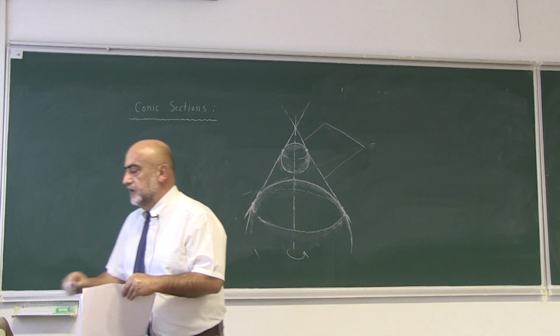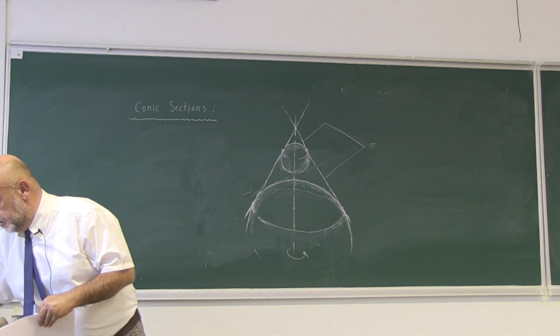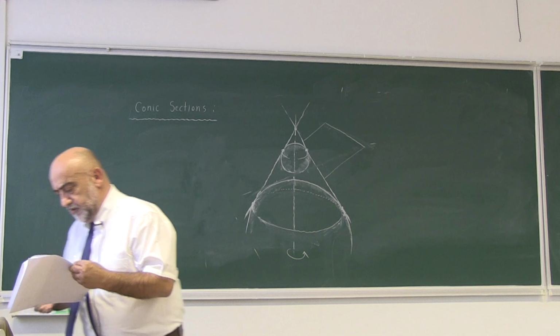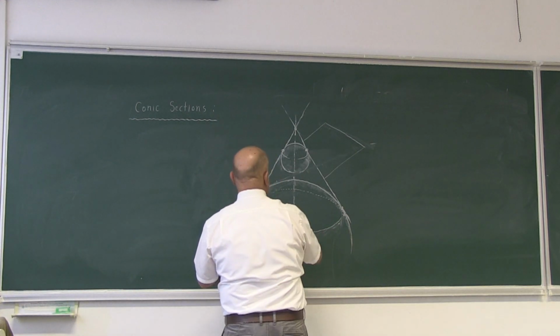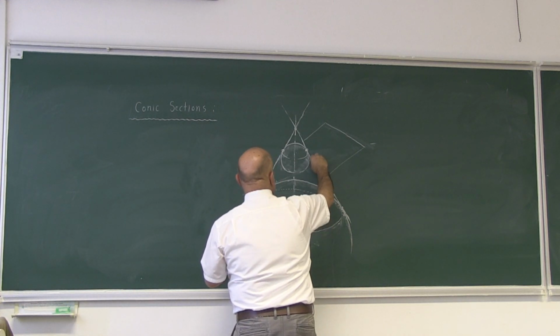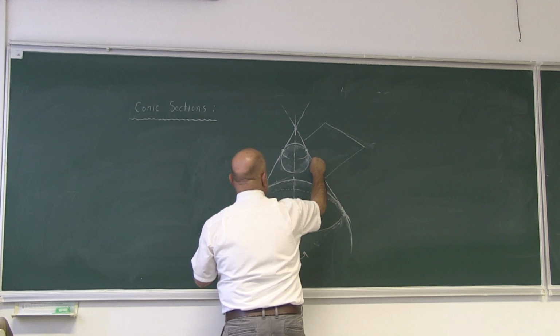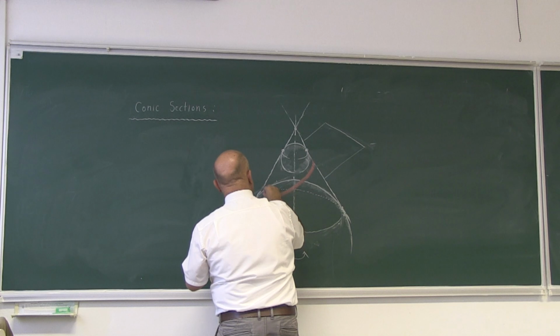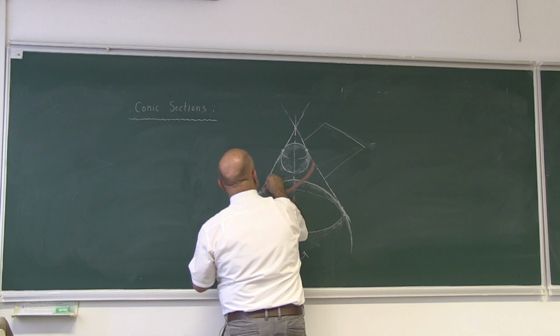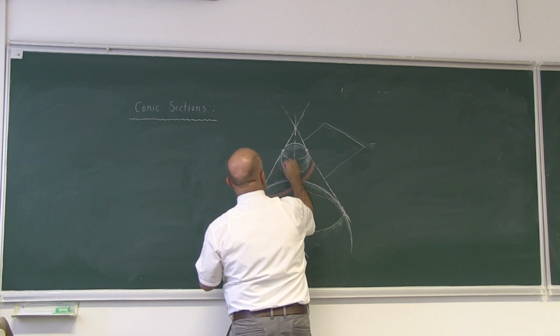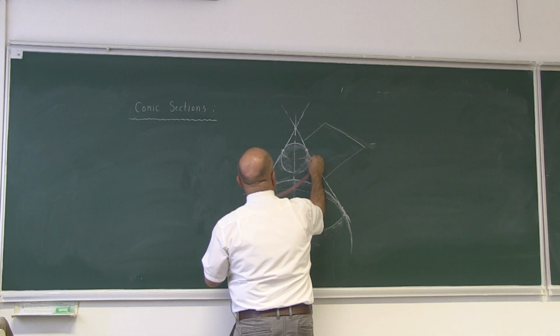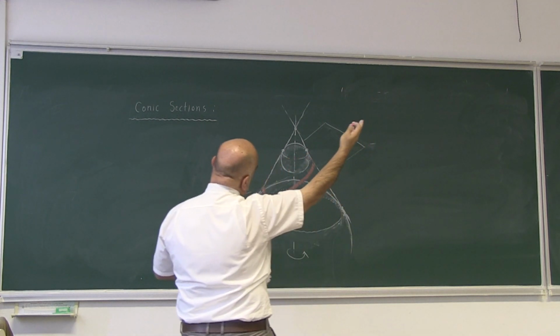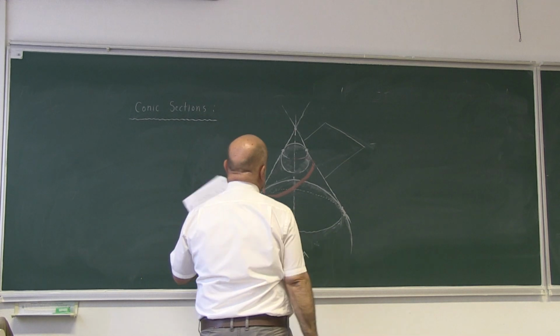So let me use a little bit of color in depicting that curve. That curve is going to be something roughly like this. And I want you to imagine this roundish curve also as indicating the plane that intersects this thing.